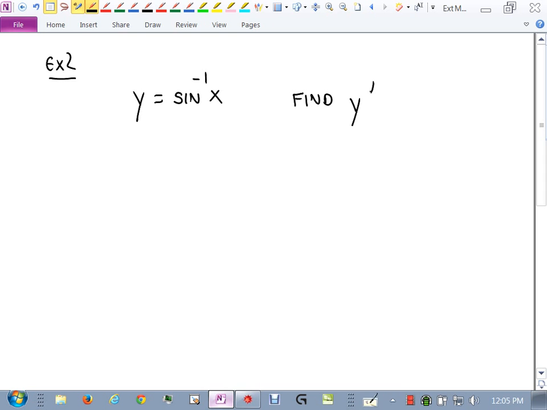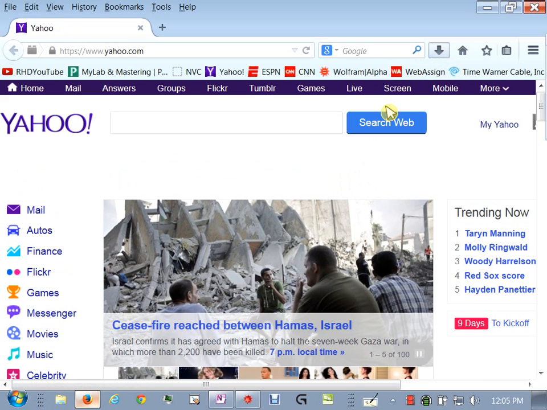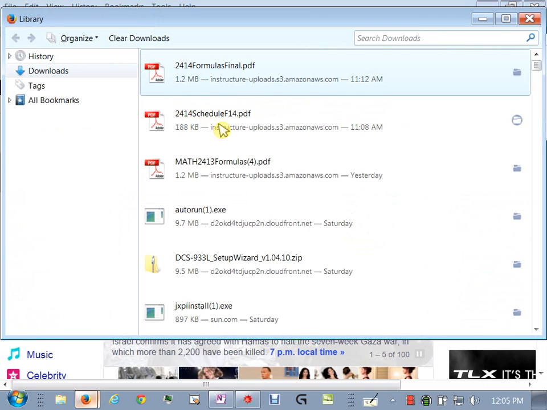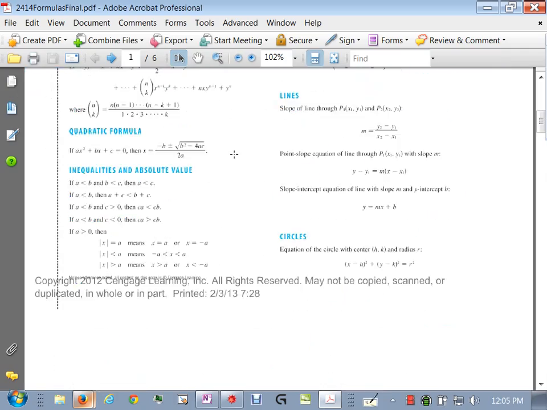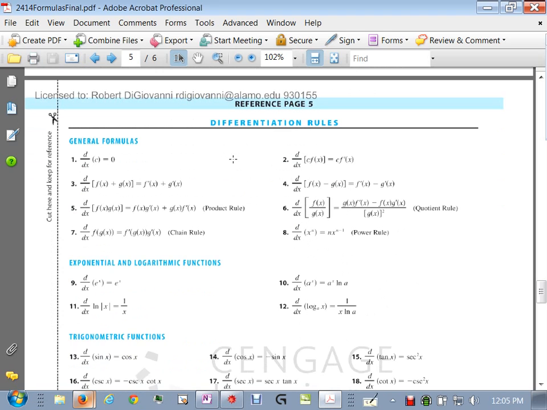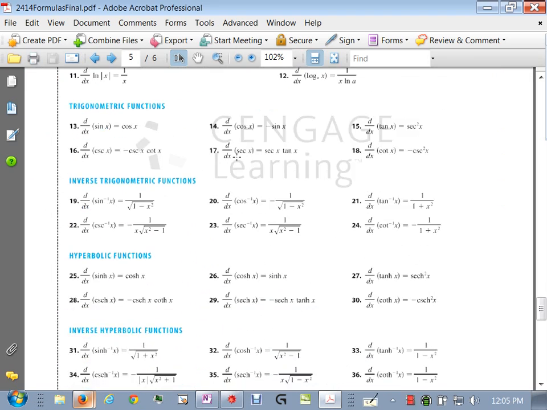Now, if you were to pull up your formulas, now don't do it, I'm just saying if you were to do so, if you come to one of these pages where the derivatives start, here they are, you actually will see that the derivative with respect to x of arc sine of x should be 1 over the square root of 1 minus x squared.